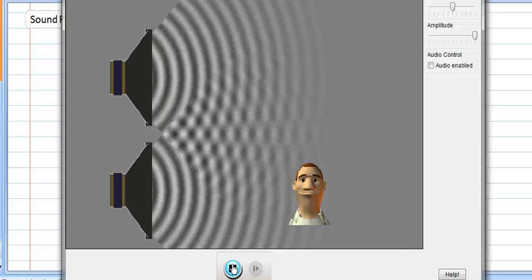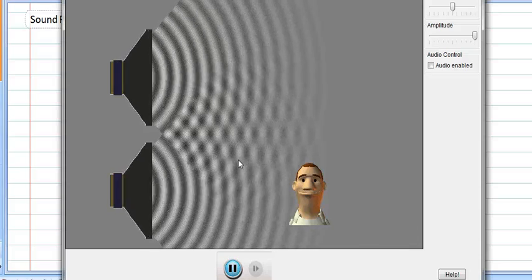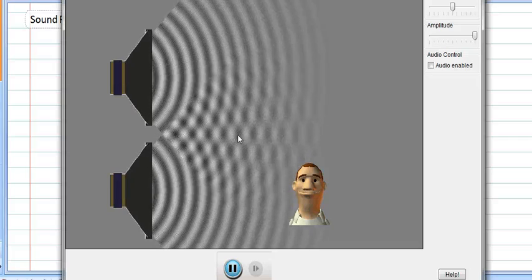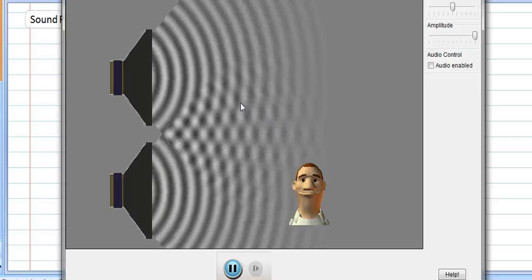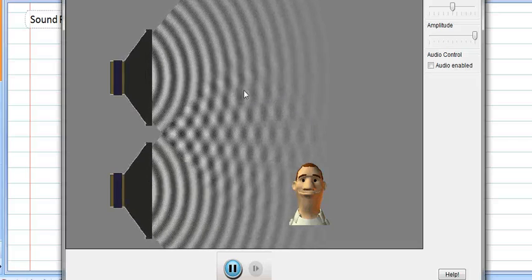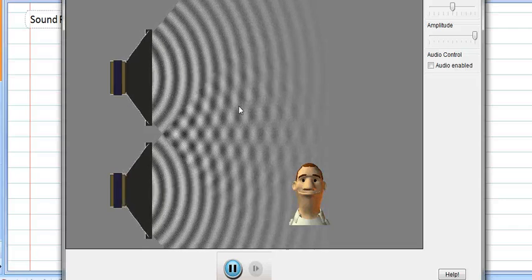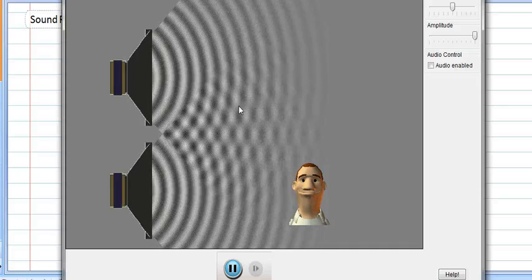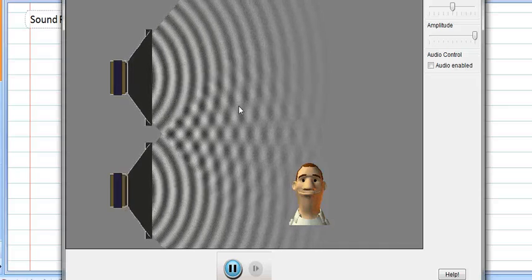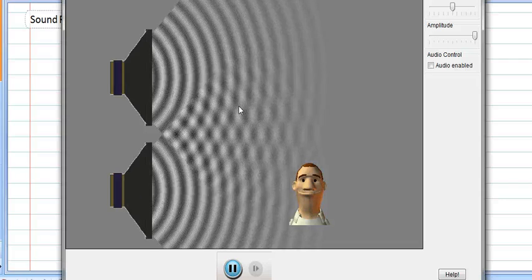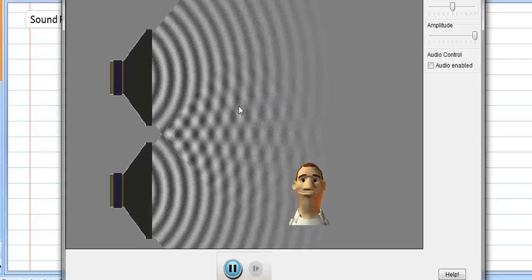And what you'll see after a while is that there's these gray lines. Now these gray lines, they represent nodes. So in other words, they're locations where there's no air pressure. Or in other words, the crest from one wave is canceling with the trough from the other, or vice versa, the trough from the first and the crest from the second.